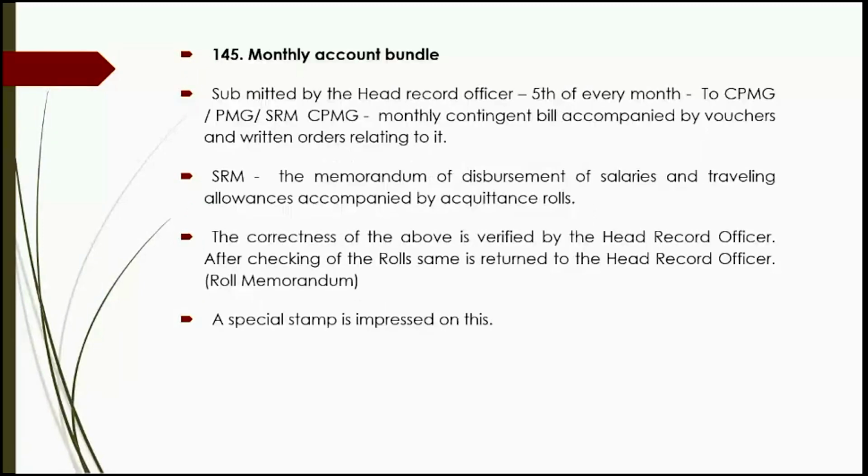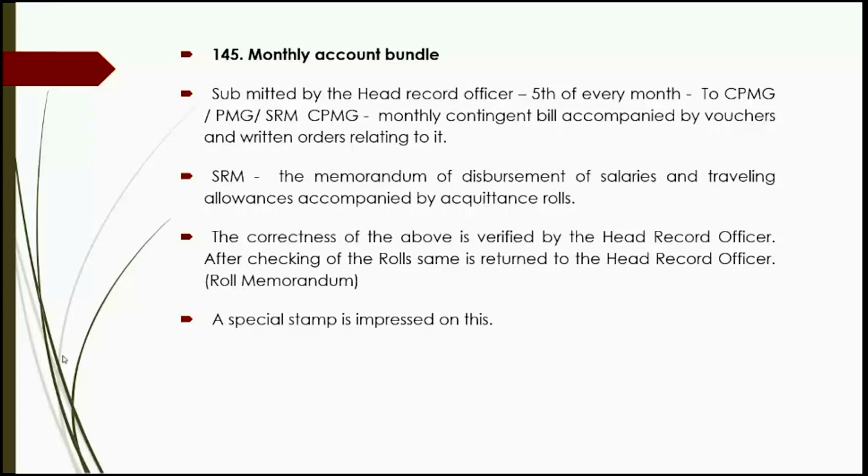Next is the monthly account bundle. What do you mean by monthly account bundle? We saw that cash balance is maintained by the record officer. So naturally, whenever cash is involved, he is required to submit accounts.